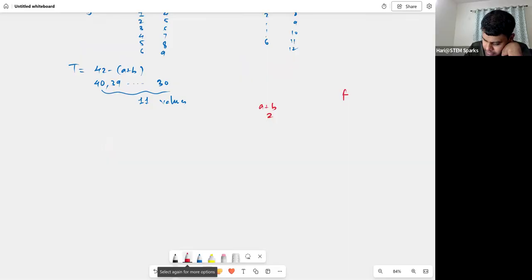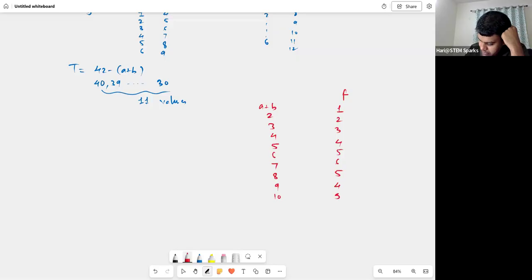So 2 will be coming once, 3 will come twice, 4 will come 3 times, 5 will be 4 times, 6 will be 5 times, 7 will be 6 times, and then they'll start decreasing. 8 will be 5 times, 9 will be 4 times, 10 will be 3 times, 11 will be 2 times, and 12 will be only once. So you'll see the most likely value of a plus b is 7. How many times will it occur? It will occur 6 times.